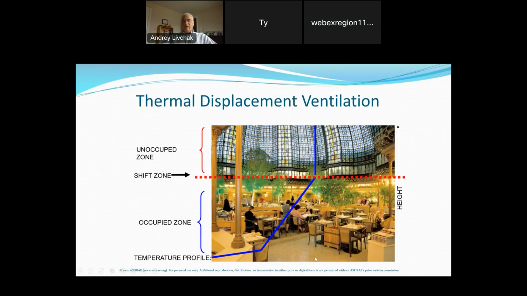Effectively, we need to cool only the lower part of the space and allow the temperature to stratify into the upper part of the space. This is a typical temperature profile in the occupied zone, and what we call the shift zone. Above the shift zone, the air is fully mixed, and it's much warmer than air in the occupied zone. It stays stratified in the upper part of the space.